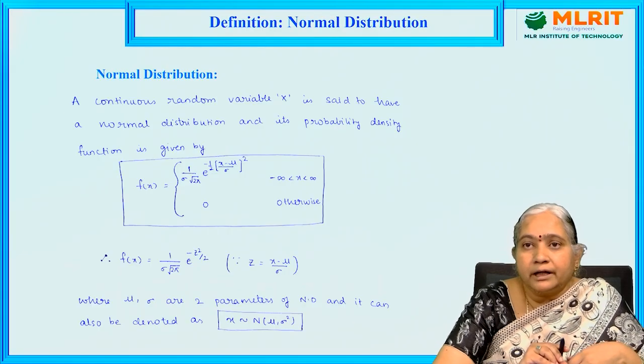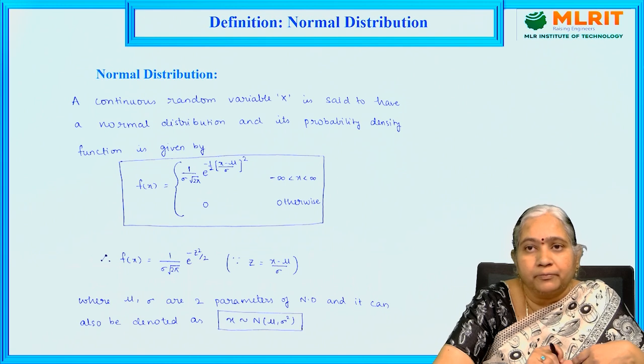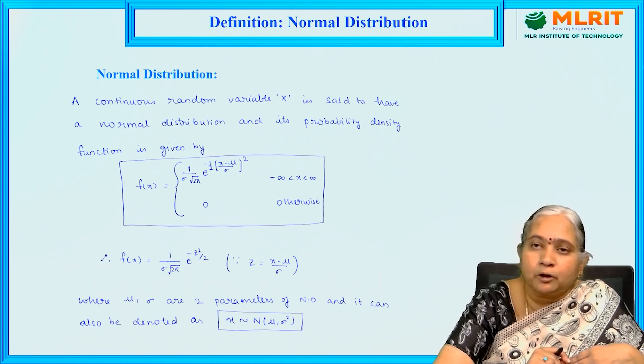Another important probability distribution is normal distribution. Here binomial and Poisson are discrete probability distribution, whereas normal distribution is a continuous probability distribution.